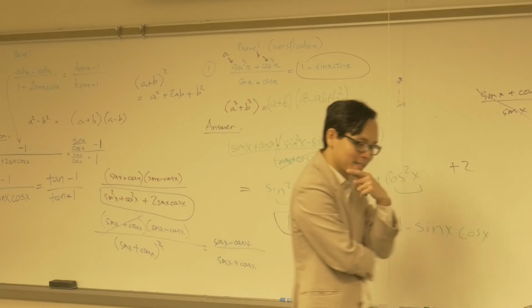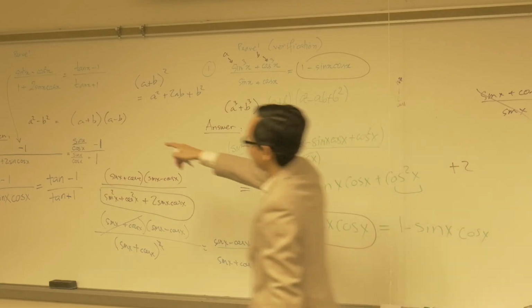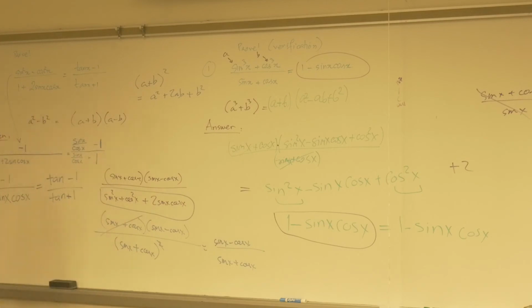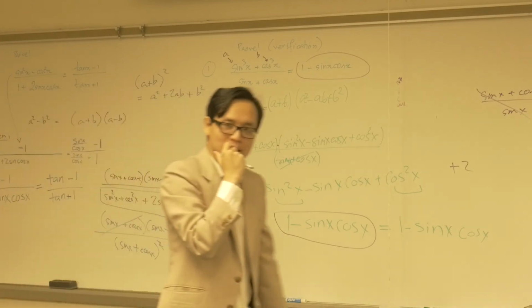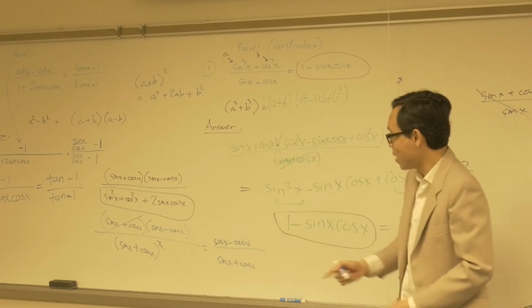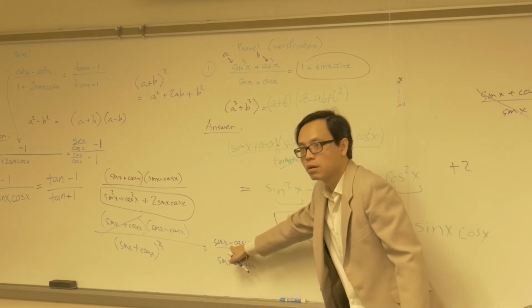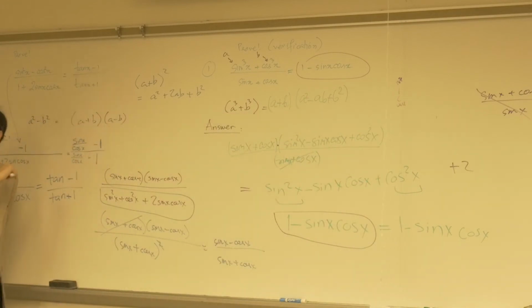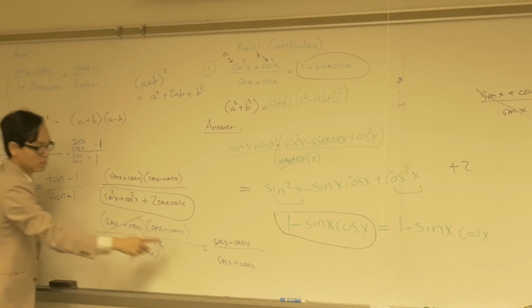What are we going to do next? We need tangent. Right now we have sine and cosine. How are we going to bring that to tangent? Think. We had a minus already, which is good. We have minus here and plus here. That's good.